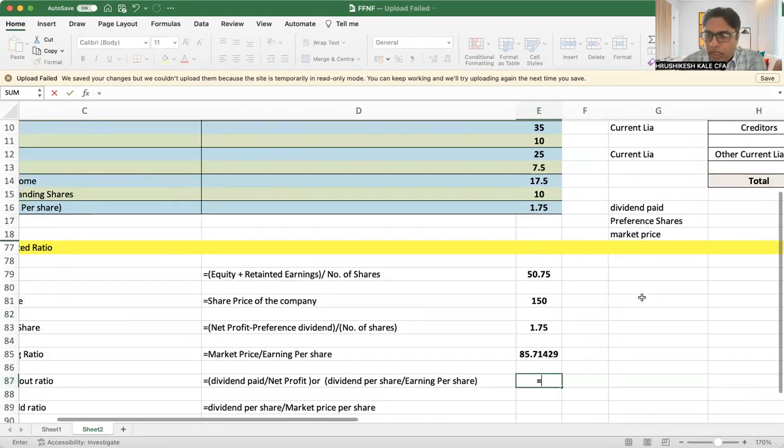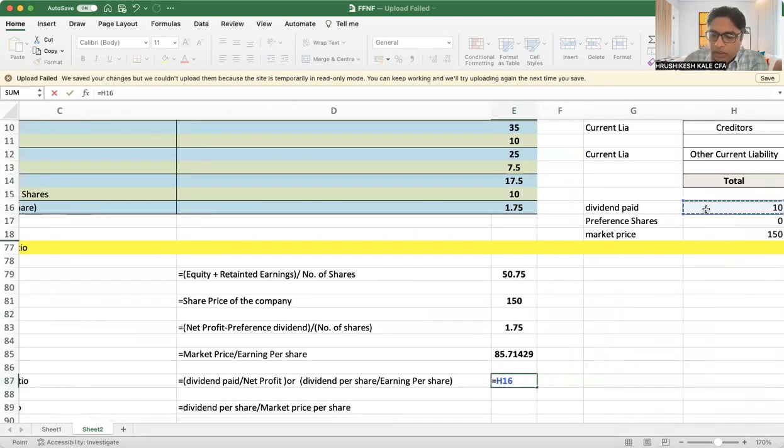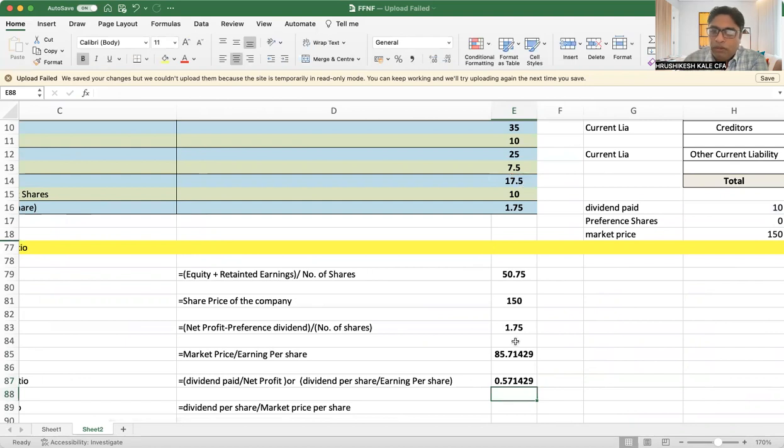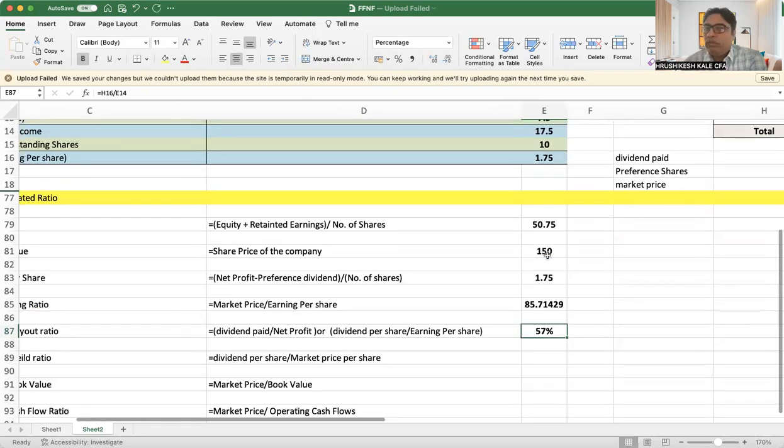Now, look, I have paid dividend of rupees 10 out of total earning of 17. So, my dividend payout ratio, let's do it in percentage, comes out to be 57. So, dividend payout ratio tells me out of my total earning, how much I have paid as dividend. So, the remaining amount will be your retained earning. Dividend is money given to the owners of the company. That is dividend.